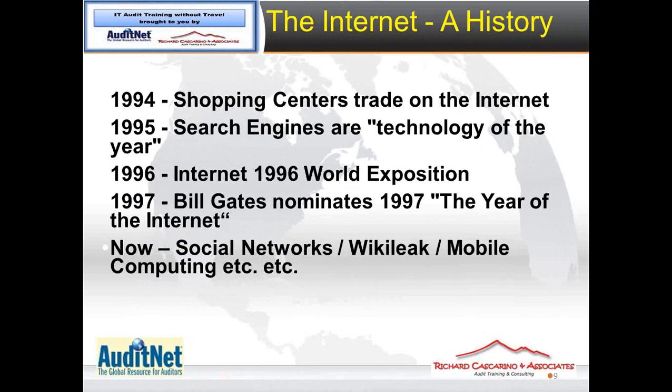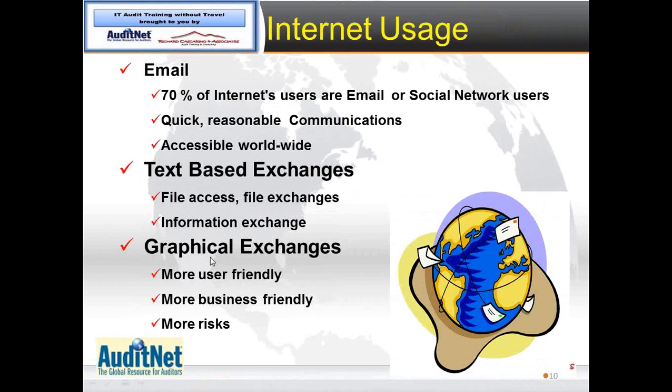So if that's what the internet is, what do we use it for? Well, these days, still 70% of internet users are either email users or social network users. And the internet basically is used for quick, reasonably priced communication accessible worldwide.